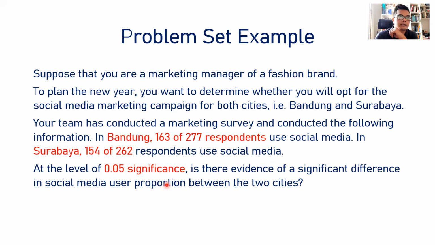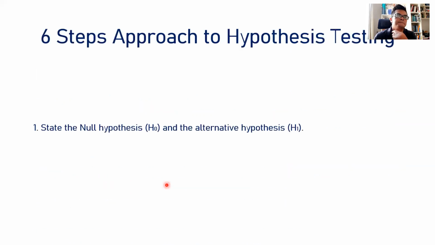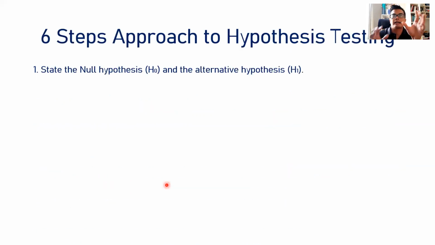Okay, let's go directly to the solving elaboration. First, stating the null hypothesis. Of course, the null hypothesis is that the proportion of social media users in Bandung is equal to the social media user proportion in Surabaya, or pi1, p1 equals p2.